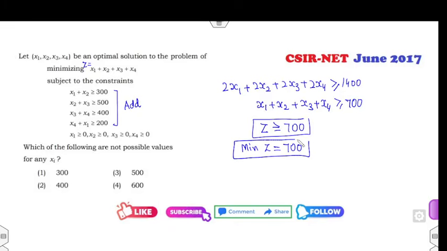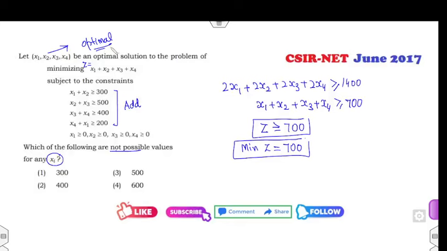Clear? But which of the following are not possible values of the xi? They are not talking about the Z. In the question, you are not asked about Z. Fine. So there is no need to think about that. Again, very simple. What is given to you? Each of the xi's is optimal.